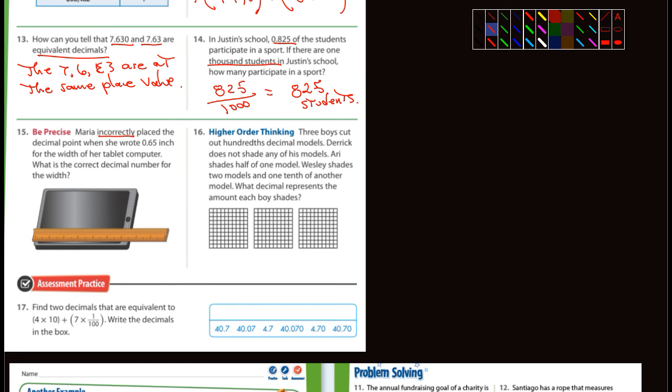Oh, okay, so I guess we got to count these here. 0.65 of an inch. Okay, so it looks like this is the beginning here, so that would be 0. This would be 1 inch. This would be 2 inches. I'm assuming this here. Here's 3 inches. Here's 4. Here's 5. Here's 6.